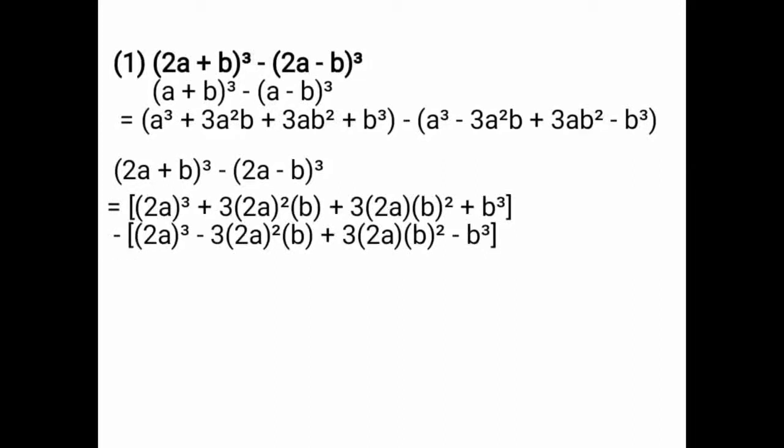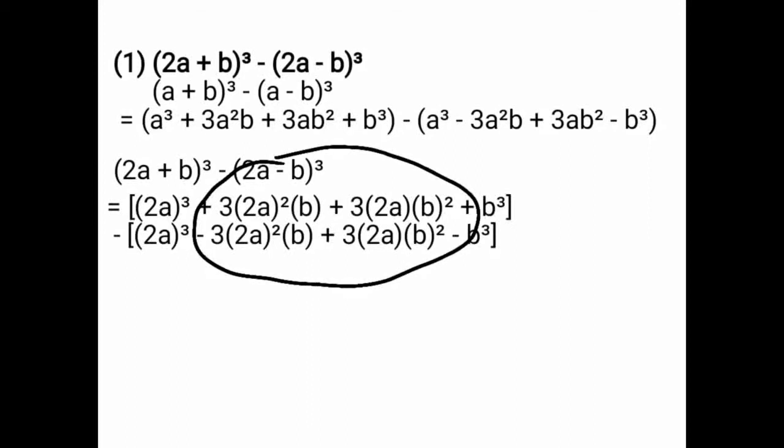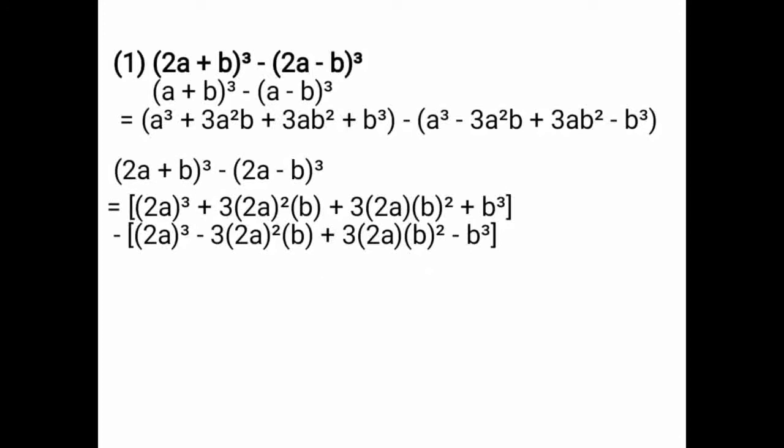For the next step you have to write the multiplication form of 3a^2b + 3ab^2 in both the brackets. Before writing the multiplication form of 3a^2b + 3ab^2, you have to solve the a cube part and b cube part in both the brackets.